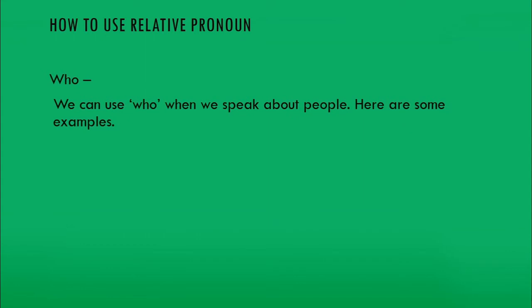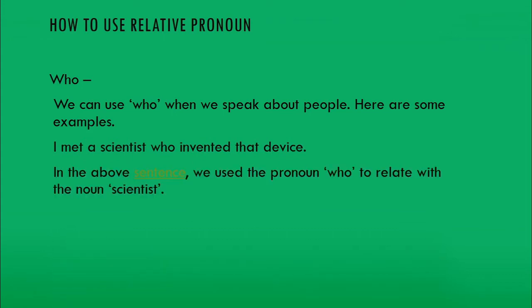So how to use relative pronouns? We use who when we speak about people. Here are some examples. I met a scientist who invented that device. In this sentence, we used the pronoun who to relate with the noun scientist. This is a lady who works hard.